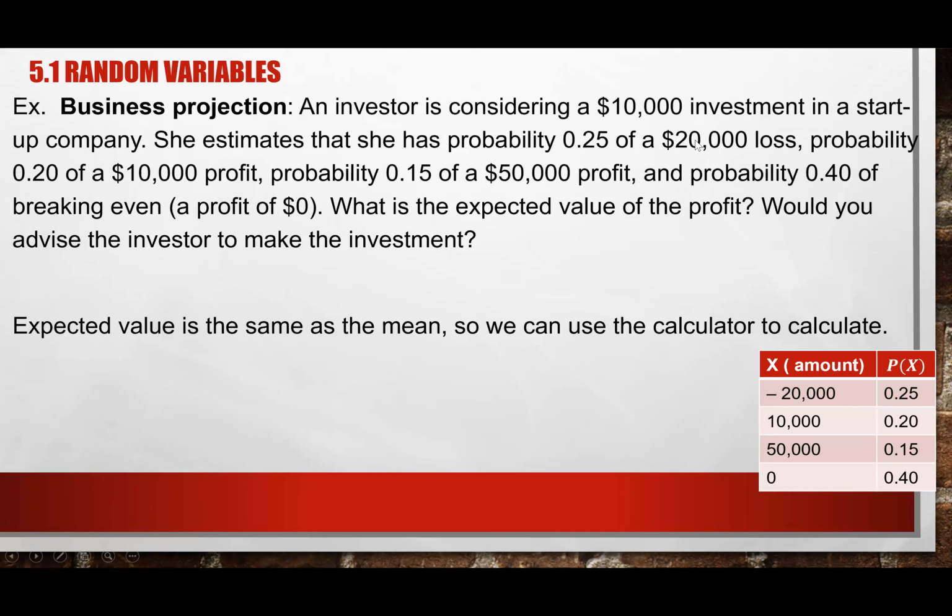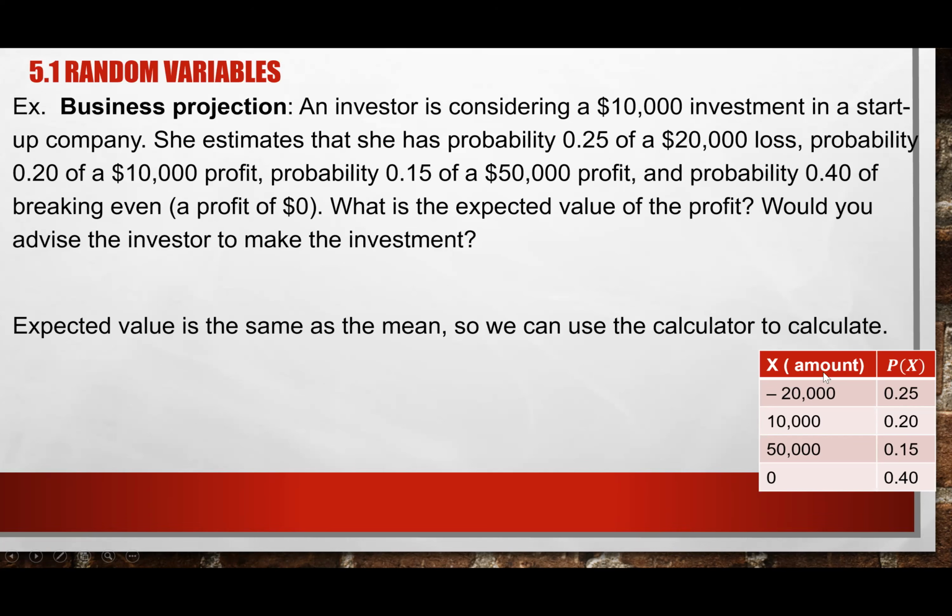So again, she has a loss, meaning maybe she put in more money, but the probability of putting in more money and losing everything, the 10,000 investment and an extra 10,000, is 25%. And again, she profits 10,000, meaning the business makes 20,000. She got her 10,000 back, and then an extra 10,000. But anyway, because they say profit, that's what we want to use.